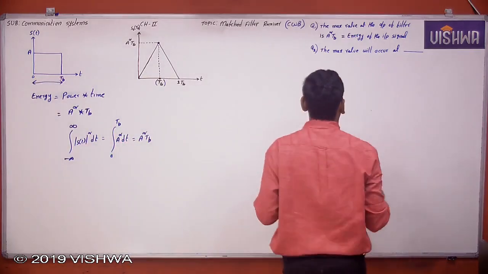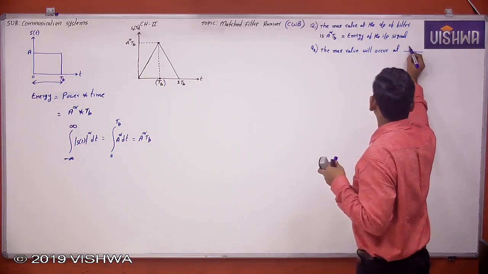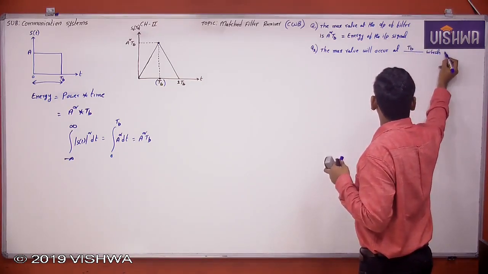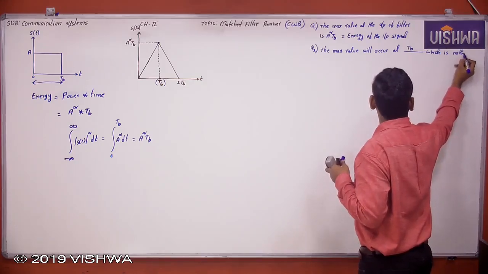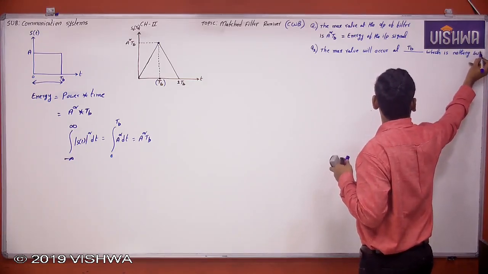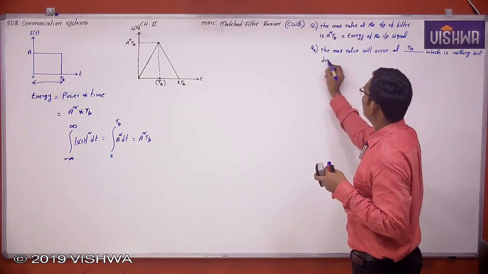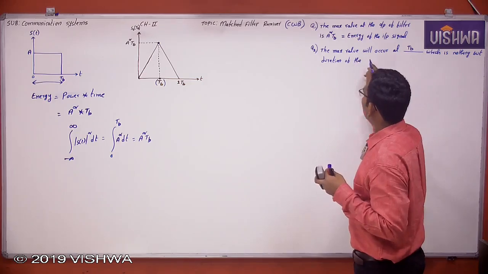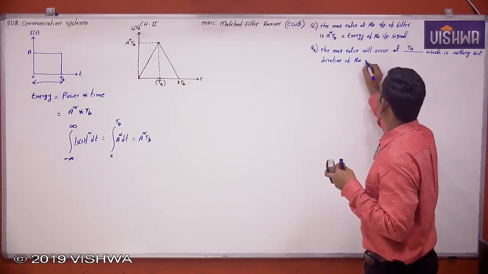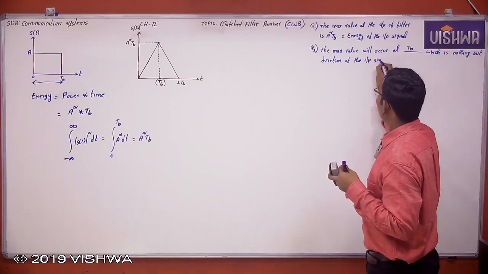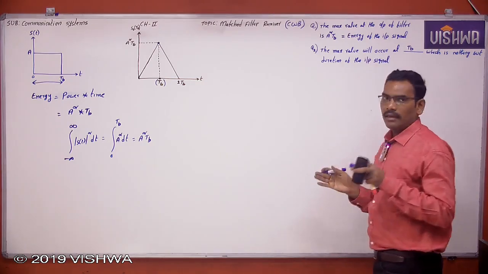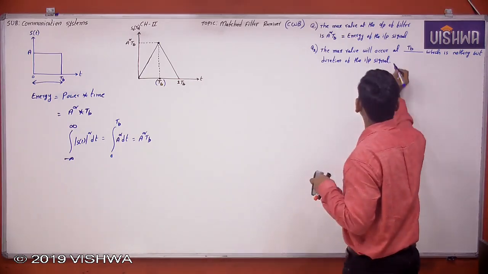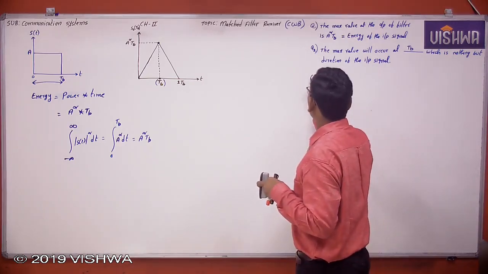So the maximum value will occur at the duration of the input signal. Okay. Now the question number 3.